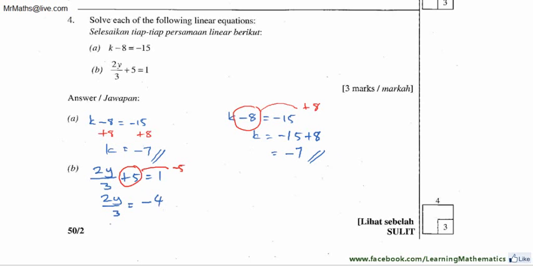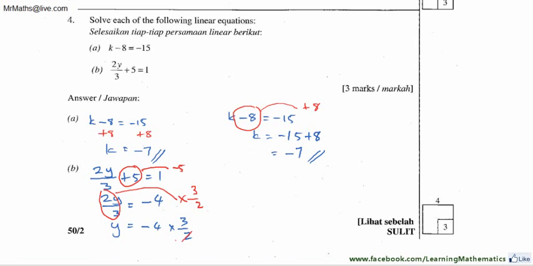Then we want to move 2 over 3 over to the right-hand side. When we move 2 over 3 over, it becomes times 3 over 2. Whatever the numerator becomes the denominator, and the denominator becomes the numerator. So y is equal to minus 4 times 3 over 2.